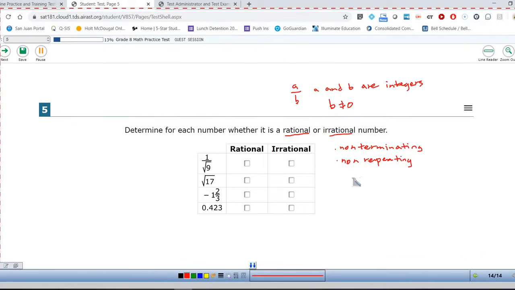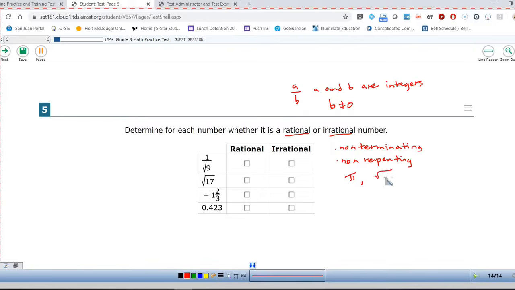So a perfect example of an irrational number is pi. Pi goes on forever and ever, and it never repeats. Now, by not repeating, it never repeats a pattern. We only have 10 digits in our number system, so the digits have to repeat, but there's not a pattern. So pi is an example.